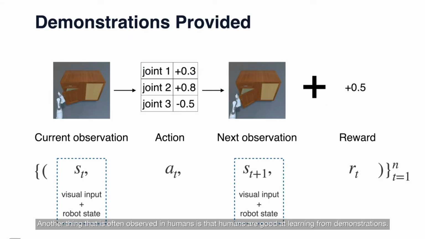Another thing that is often observed in humans is that humans are good at learning from demonstrations, so we have also provided high-quality demonstration trajectories for each task. With these demonstrations, researchers can then spend less time focusing on collecting good trajectories, and instead focus more on the interesting aspects of the problem, such as network designs and learning algorithms.